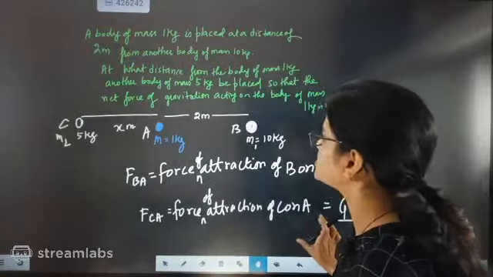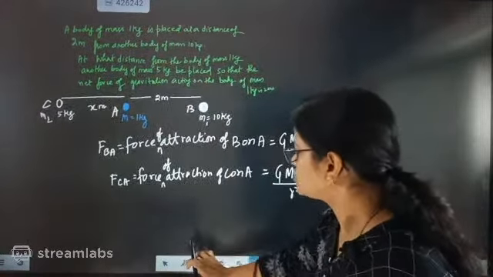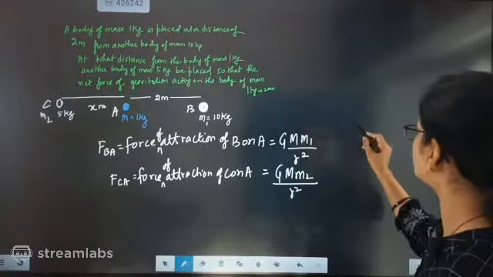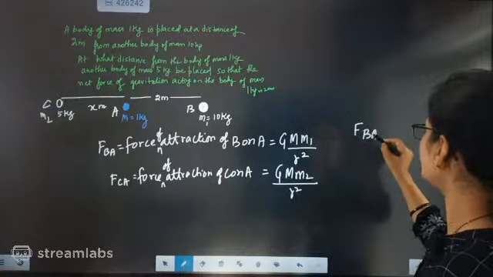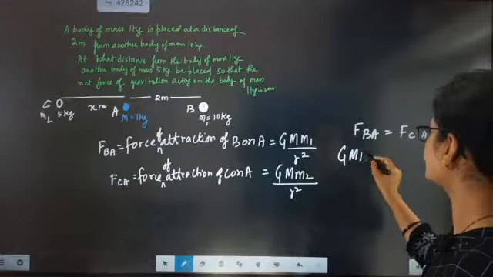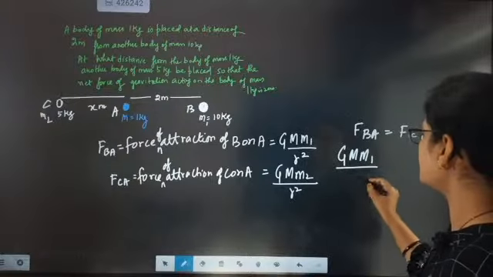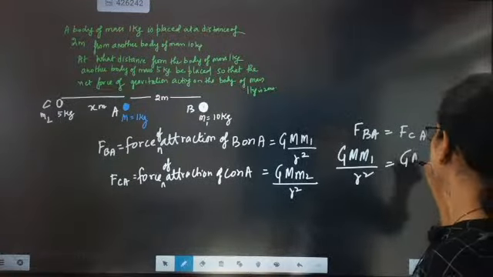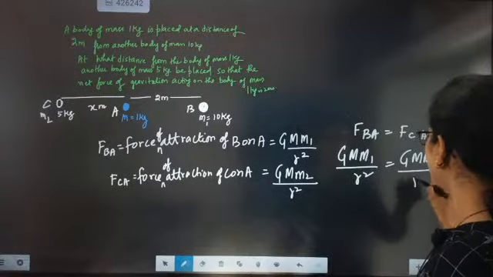Since the net force is 0, they are equal to each other. So force of B on A equals force of C on A: G M m1 by r square equals G M m2 by r square.